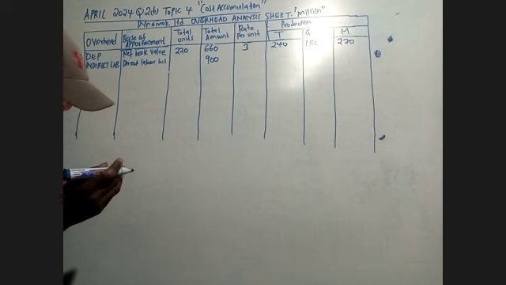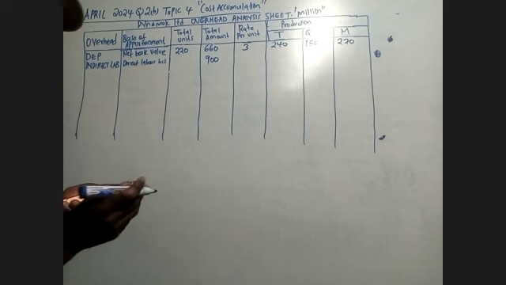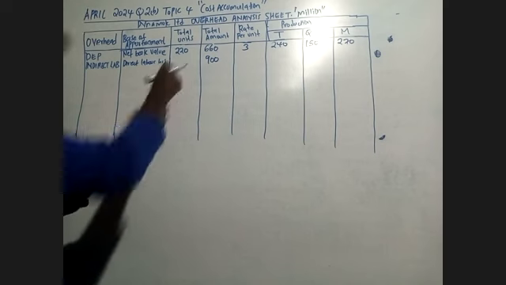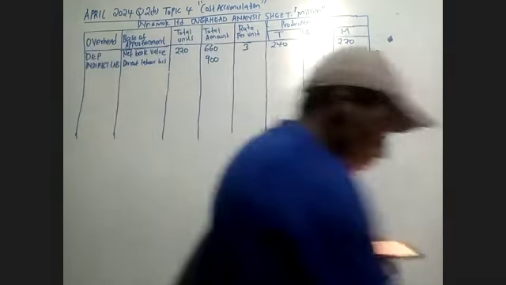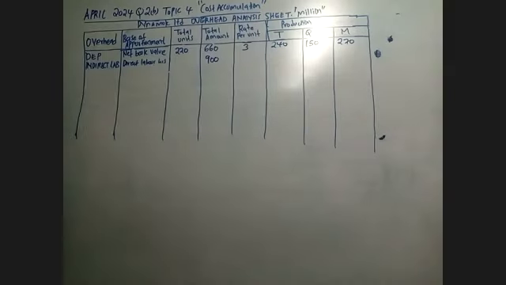Direct labor hours uko chini iko 5,000 plus 3,000 plus 2,000. Add them together so that you can get the total units in form of hours. 10,000.